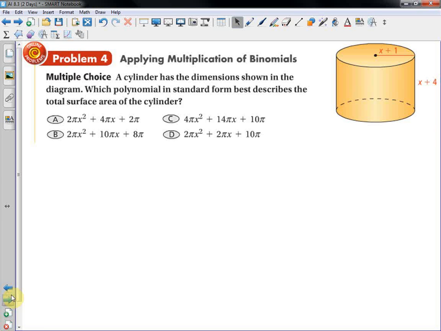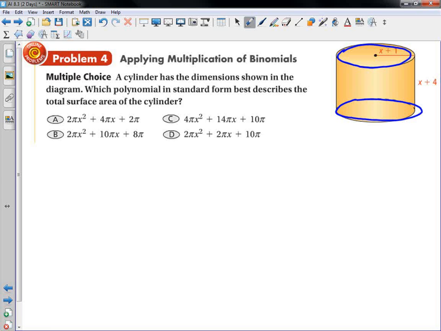So when we talk about surface area, there's going to be a few different pieces. Maybe we'll start with the top circle and the bottom circle. So what we need to do is find the area of the top and bottom circle together.